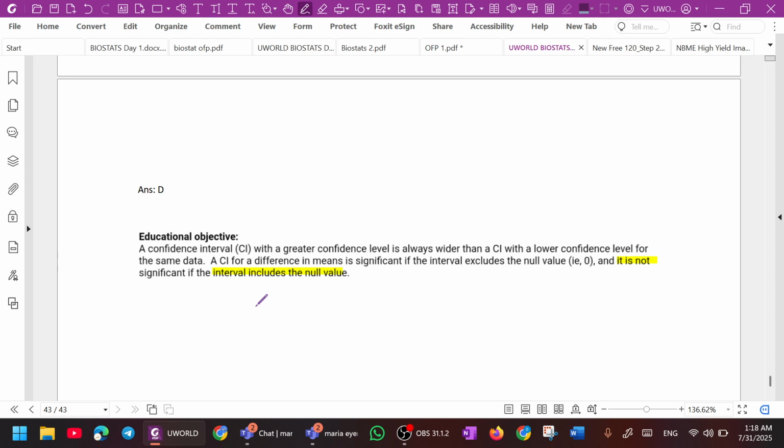I don't understand this question. Do you understand the null value? It includes zero, so the null value is included, so it's not statistically significant. You understand that part? Yes.